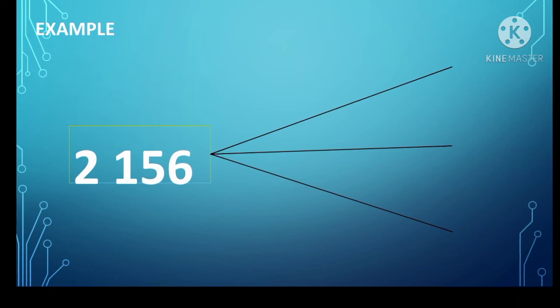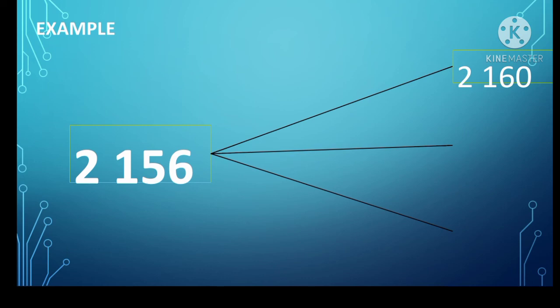So another example, with this given number here, 2,156. If we are going to round off to the nearest tens, it will be 2,160. Since the value of the nearest tens is 5, and the number right beside 5 is 6, so we are going to round up.